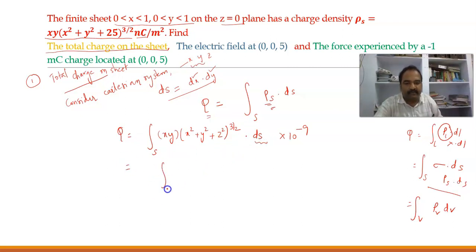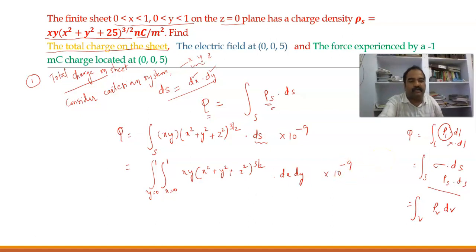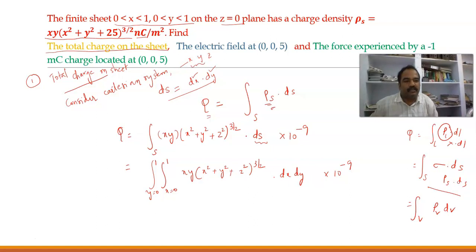So I'll separate the integration. x is equal to 0 to 1 and y is equal to 0 to 1. So this is xy over x square plus y square plus z square whole to the power of 3 by 2, into, now I am writing this as dx into dy into 10 to the power of minus 9. So this is my charge, how I am supposed to evaluate this one.